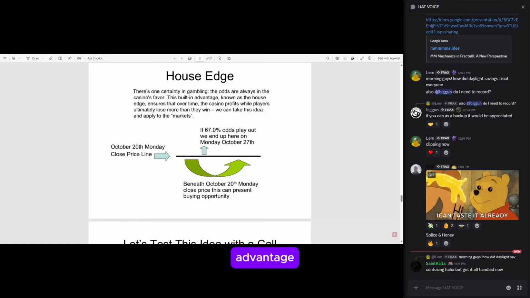So with this advantage of how we're looking at the market, we can set ourselves up to participate with the overall market and apply that idea to the market.